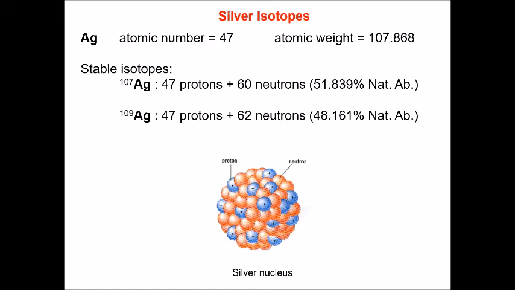Silver 107 has 60 neutrons, adding up to an atomic mass of 107, and silver 109 has 62 neutrons. So 47 protons and 62 neutrons adding up to an atomic mass of 109. These are roughly similar in abundance in nature, with 107 being slightly more abundant.